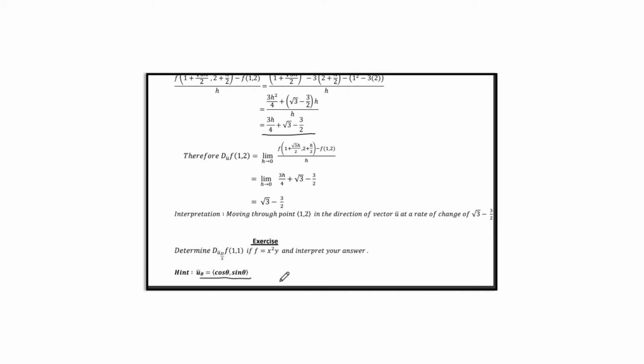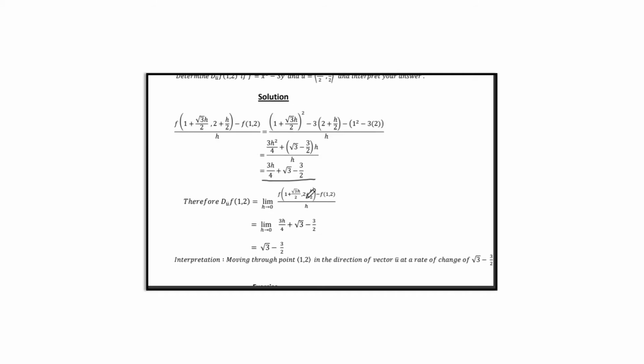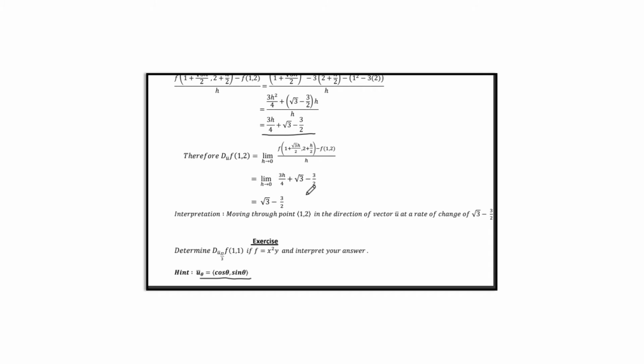Now this is your unit vector. So if they say the directional derivative in direction u pi over 3, you first find u pi over 3, which means you put pi over 3 here and here. You're going to get your unit vector, and then your point is (1, 2). Then you just follow the same thing that I did above with this example. You should get straight to the answer. It shouldn't really be a problem.